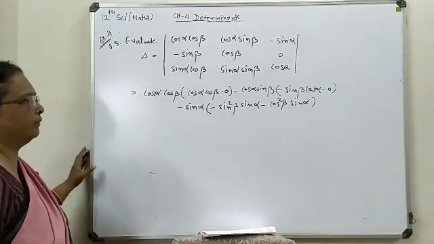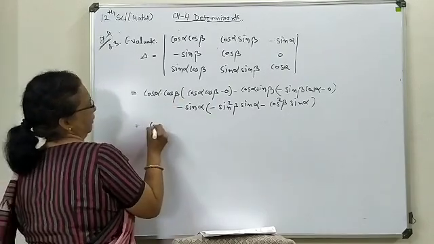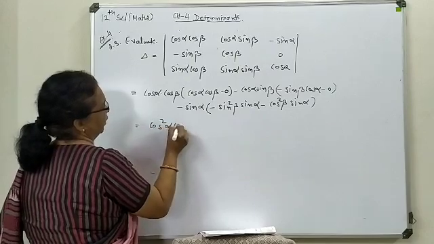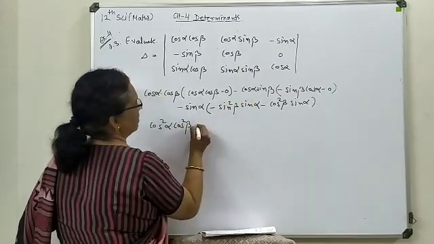So this way we have the expansion form. Now combine the terms. Multiply: cos square alpha cos square beta. Here minus minus plus.